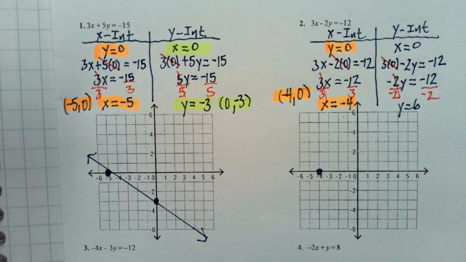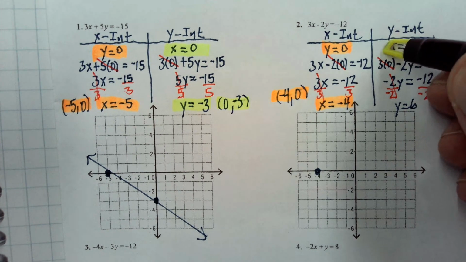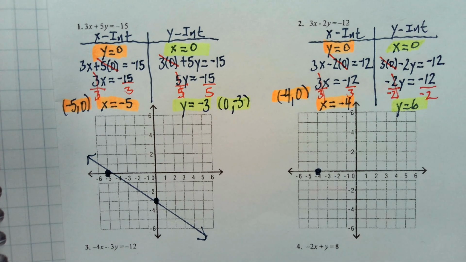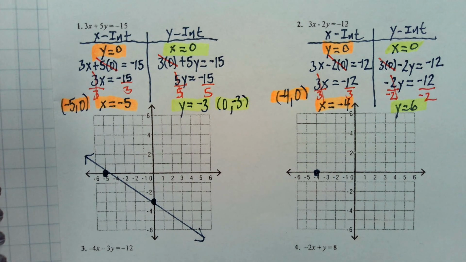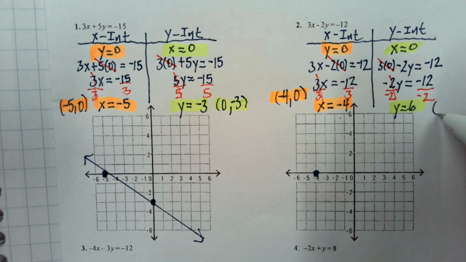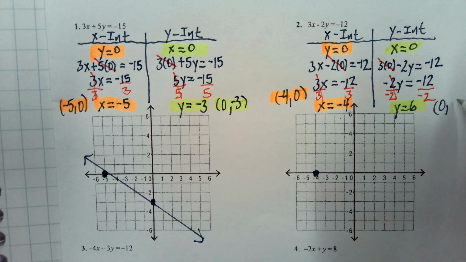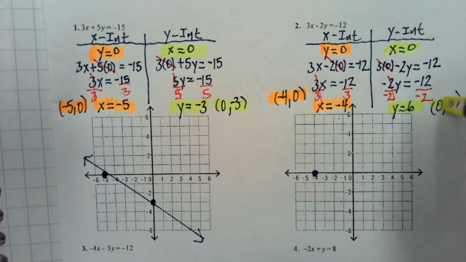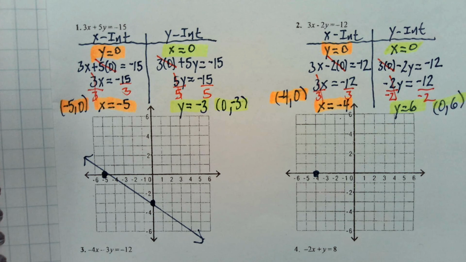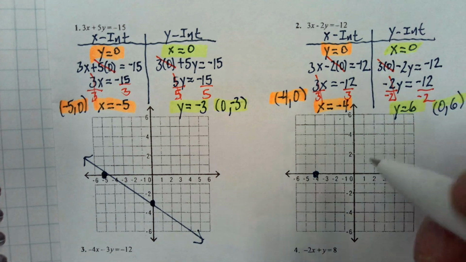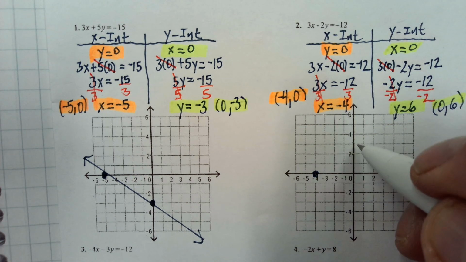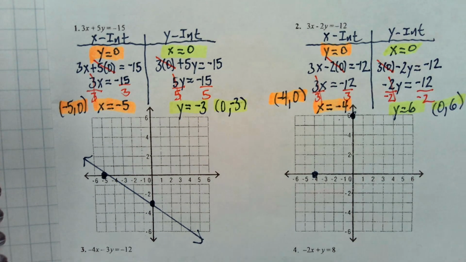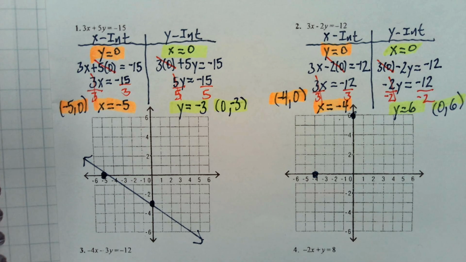So over here, we used x equals 0 to figure out y is positive 6. And we end up with the ordered pair 0, 6. Let's graph that one. Let's find 0, 6. So this time it's going to be up here at the top where 6 is. That's 0, 6.